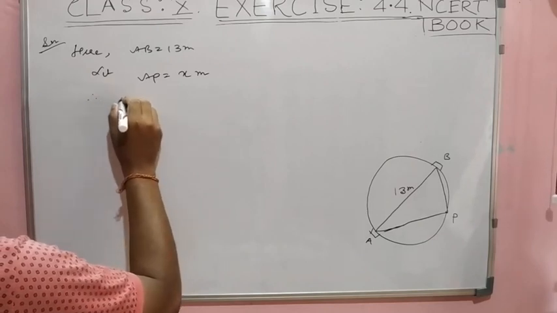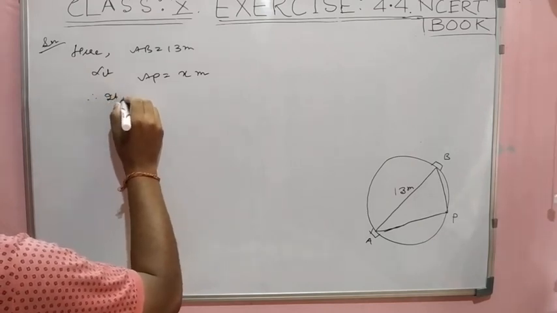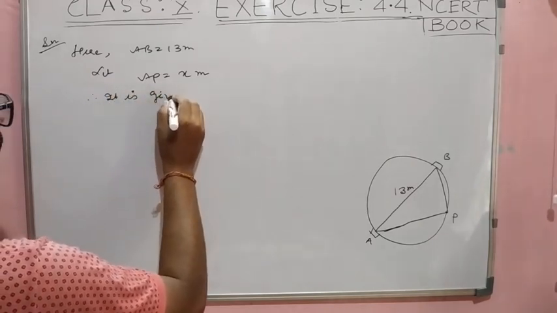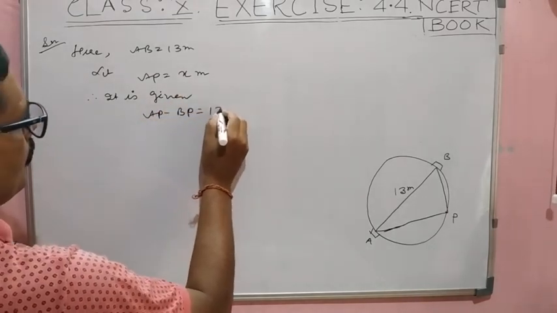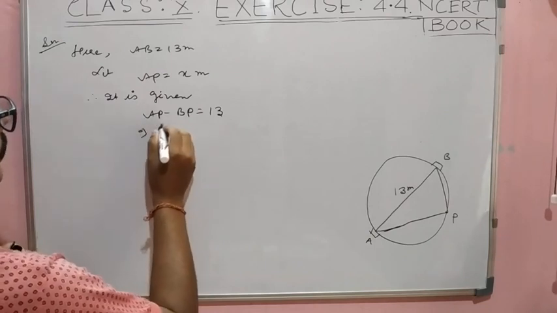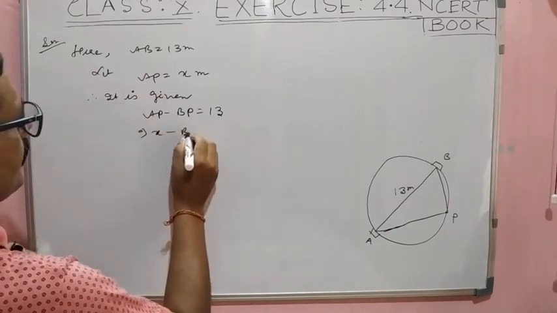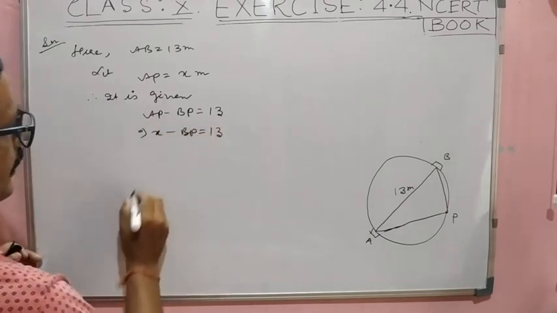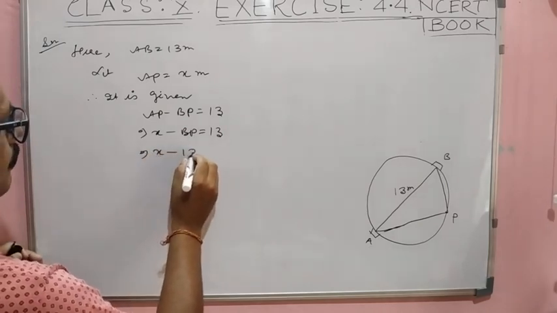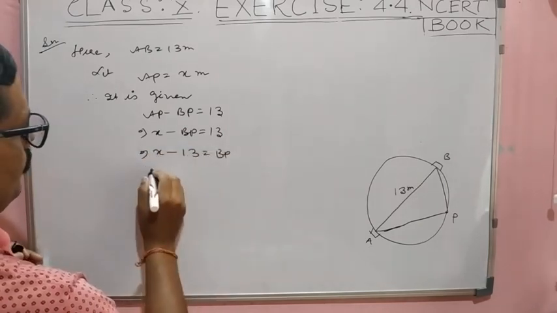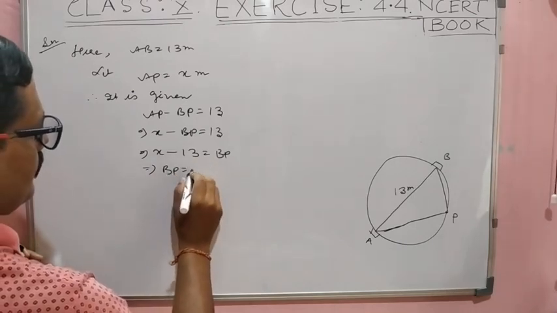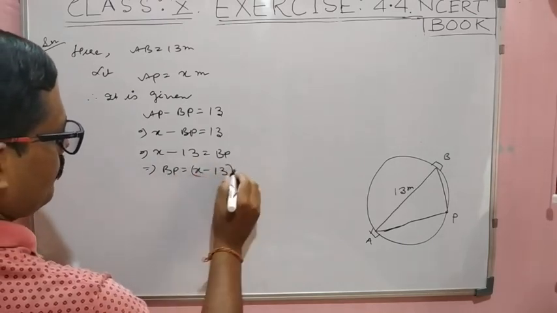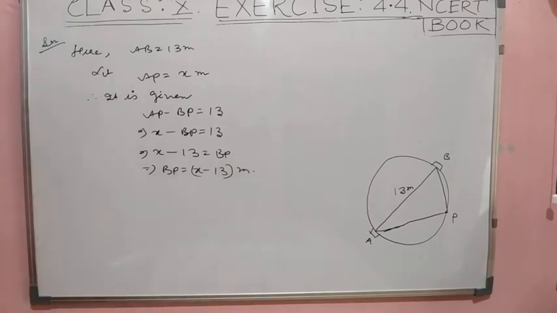Therefore it is given AP minus BP equal to 13. So AP is x, so we get x minus 13 equal to BP. This implies that BP equal to x minus 13 meter. Got my point?